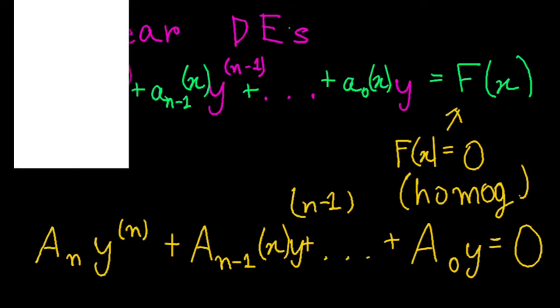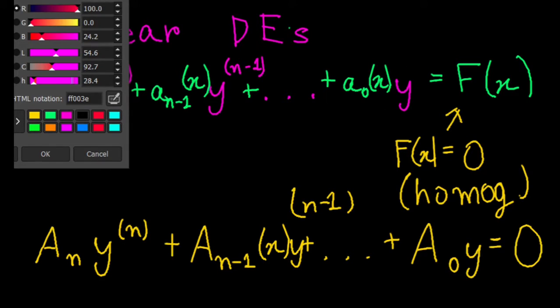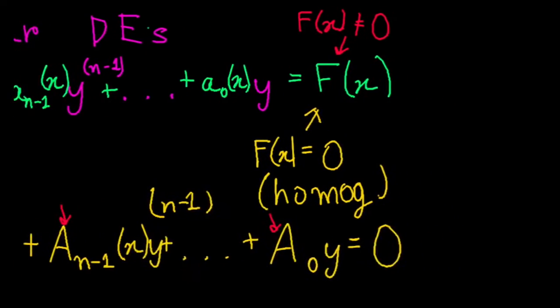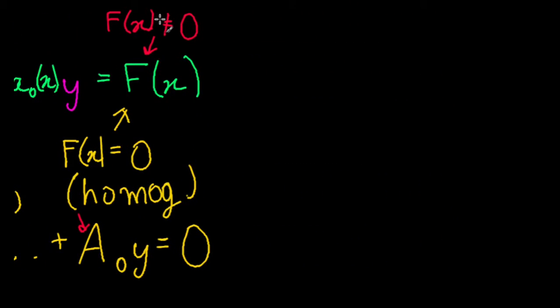Now let's see the other case, where we're still going to deal with constant coefficients. Our coefficients will still be constants for now. But let's see what happens when this is not equal to 0. When f of x is not equal to 0, we call it a linear non-homogeneous differential equation.